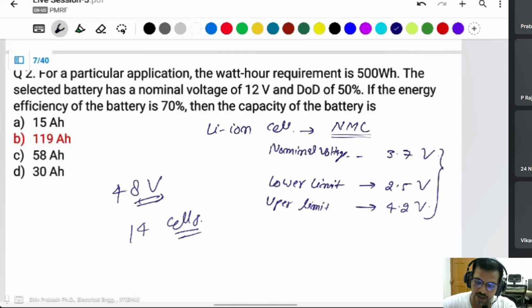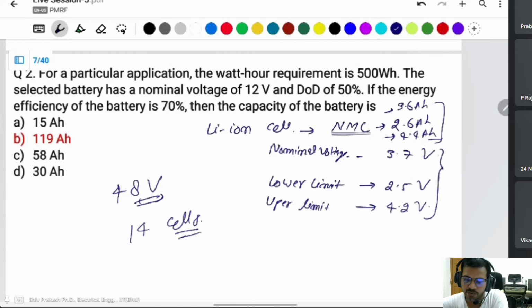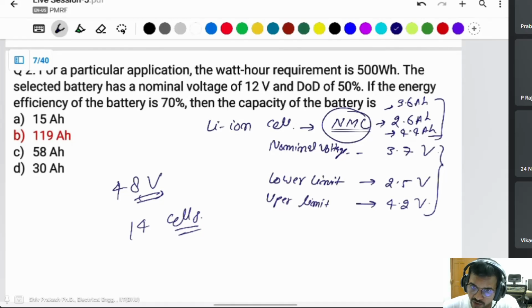The Ah rating is different: some are 2.6 Ah, some 3.6 Ah, and some other cells have 4.4 Ah. This amount of rating is available in the market for a single cell, but the voltage rating is 3.7 volt. This applies only to the NMC cell. NMC is a type of lithium ion cell, lithium ion battery.